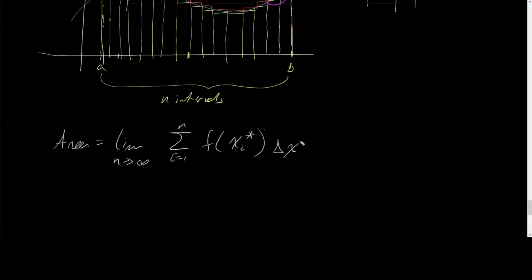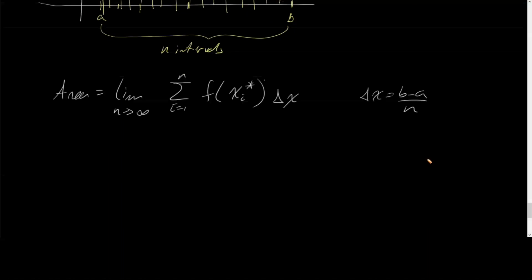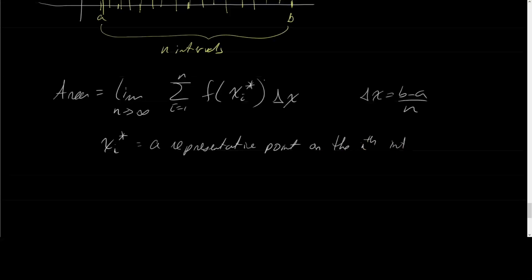Delta x is still defined the same exact way. Delta x is still b minus a over n. But what is x sub i star? x sub i star is just any point on the ith interval, so a representative point on the ith interval. And what does that mean?